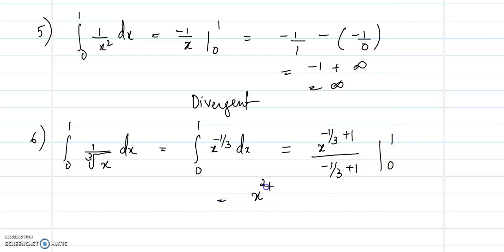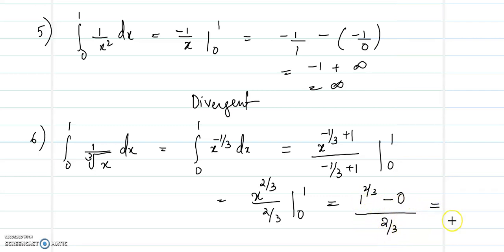So we will get x raised to 2 by 3 by 2 by 3 from 0 to 1. So that is 1 raised to 2 by 3 minus, at x equal to 0, function value will be 0 by 2 by 3. So 1 raised to 2 by 3 is 1. So upon simplifying we will get 3 by 2 as the value of the integral.